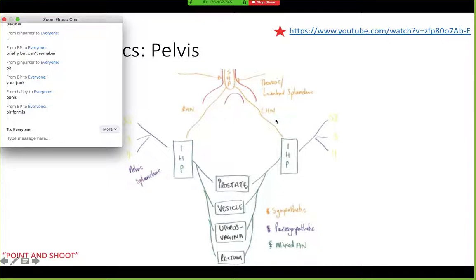And these right and left hypogastric nerves carrying sympathetic fibers, along with your pelvic splanchnics from S2 to S4 carrying parasympathetic fibers, they're going to join together in this inferior hypogastric plexus. And keep in mind, this is bilateral, so on either side. And then now we have mixed fibers from the inferior hypogastric plexus that are running to each of these structures in the pelvis.